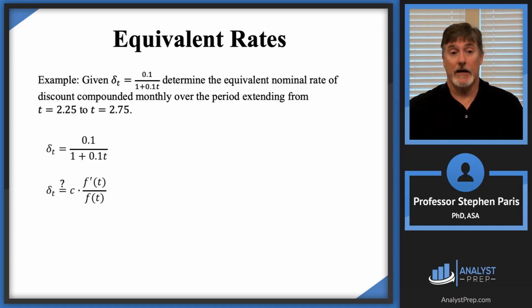And I look at it, and it fits exactly. If I take the denominator to be f of t equal 1 plus 0.1 t, then the numerator is 0.1, and I could use a c value of 1, and I don't have to tweak the force of interest at all to put it in this form.